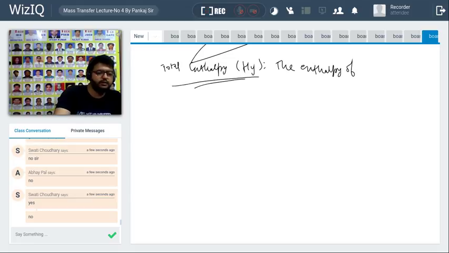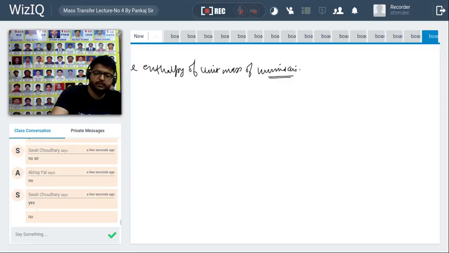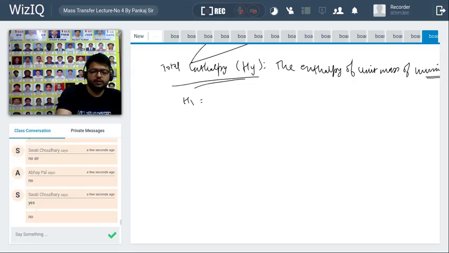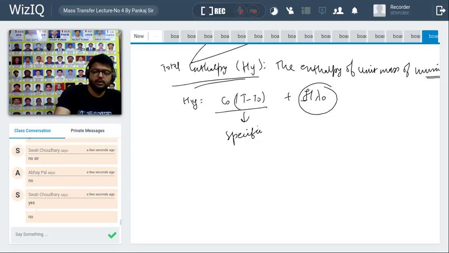The enthalpy of unit mass of humid air, that is air plus vapor. So Hy is equal to Cs into (T minus T naught), that is the specific enthalpy, plus H into lambda naught, because only the moisture will change the phase, air will not change the phase.